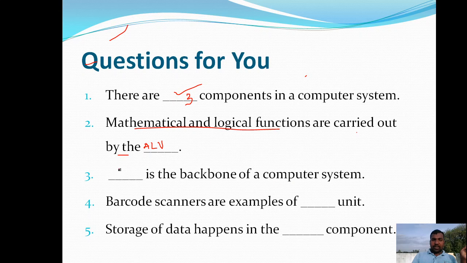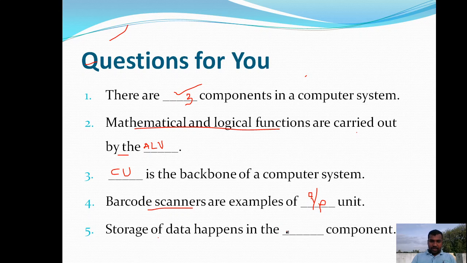The control unit or processing unit is responsible, so we can call it the heart of a computer, as it contains the processor to perform the processing operation. Barcode scanners are examples of input devices.